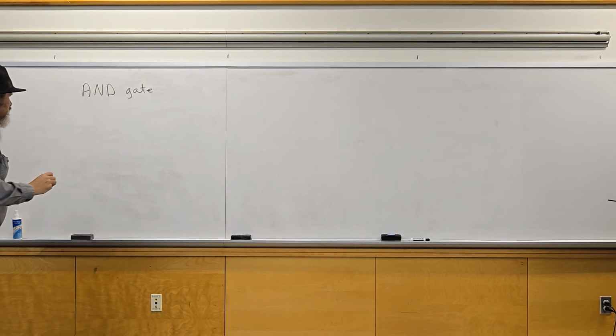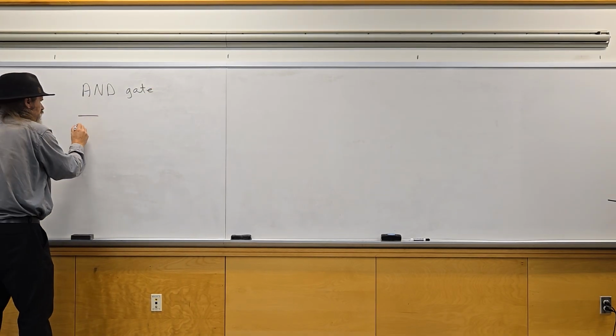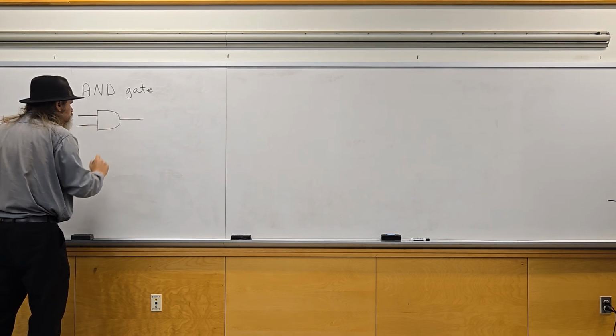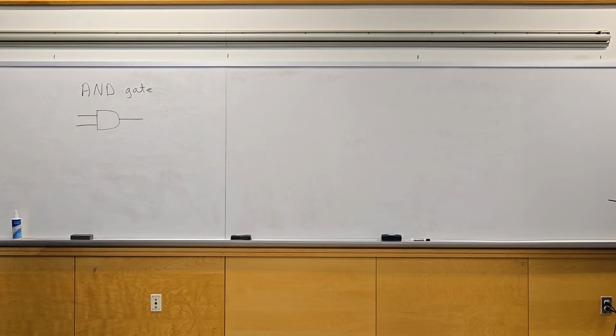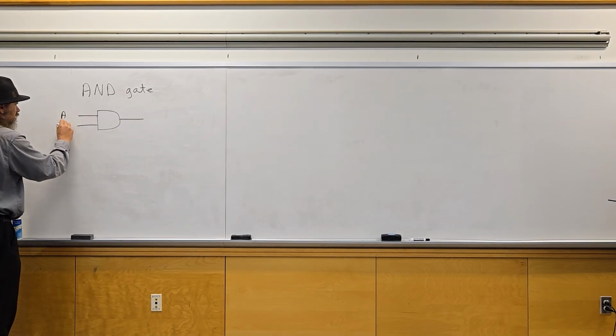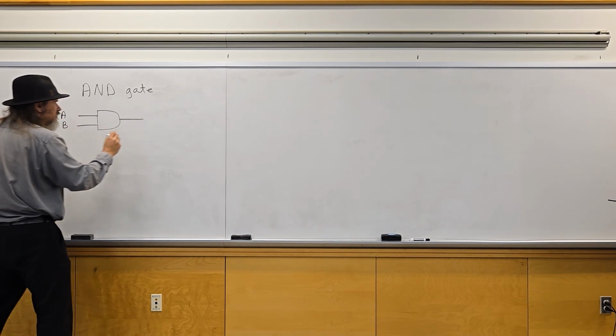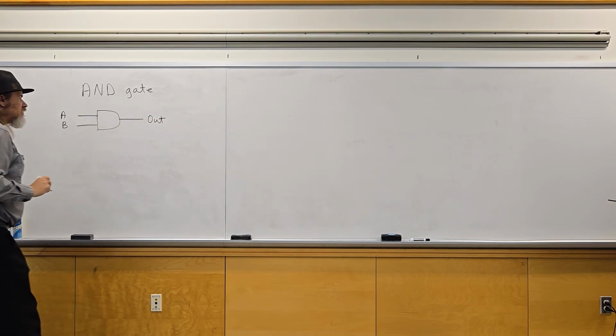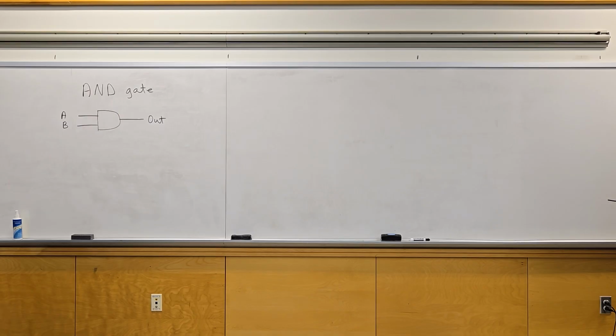The AND gate has the symbol like so, where A and B are the inputs and the out is the output.